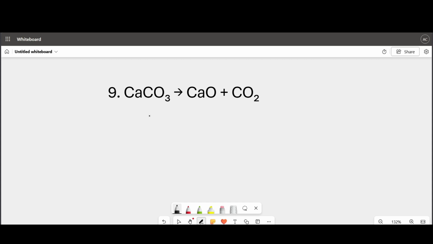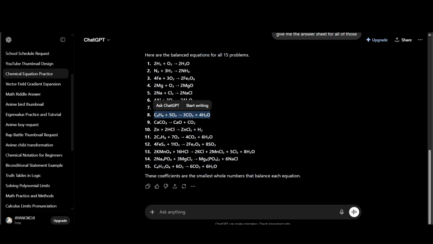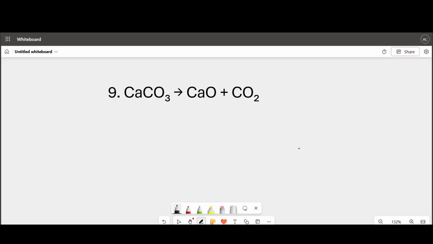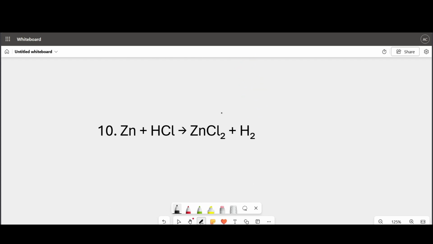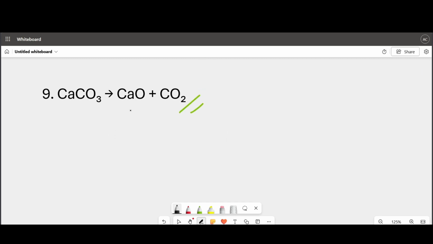It's already balanced. Let me just check. Yeah, it's already balanced. I knew it. It was already balanced from the start. I intuitively had an idea that it was already balanced because there was nothing left for me to look at.